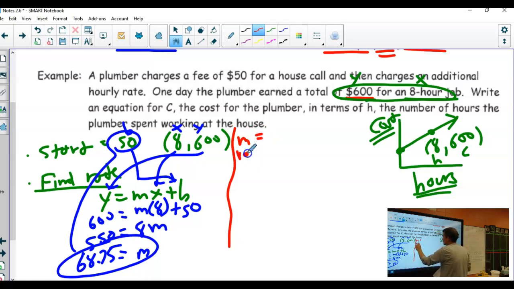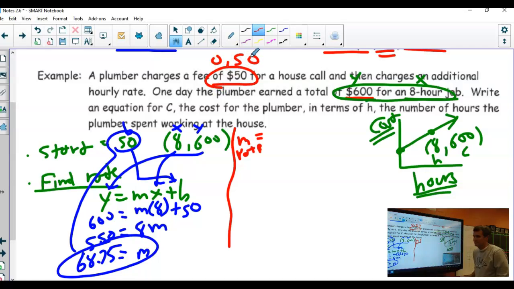But remember, slope is rate. Maybe you'll like this one better. I take my ordered pair. I know this is an ordered pair also, the starting amount. After 0 hours, he makes $50. And then, of course, I have my other ordered pair, 8, 600.